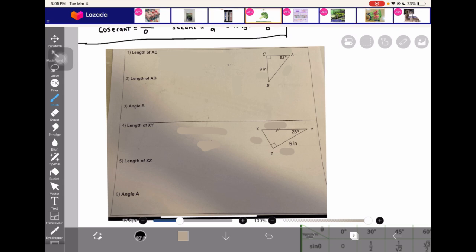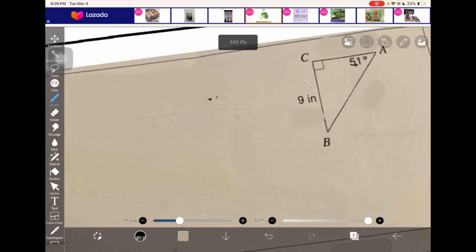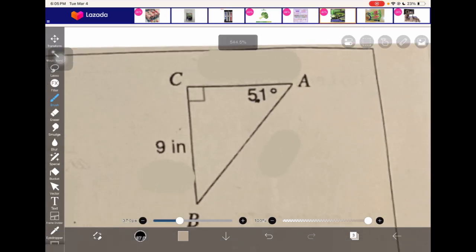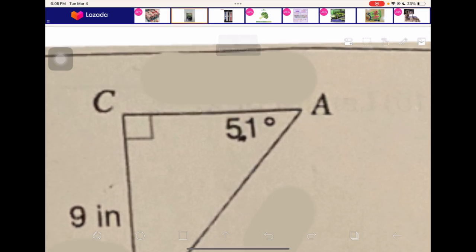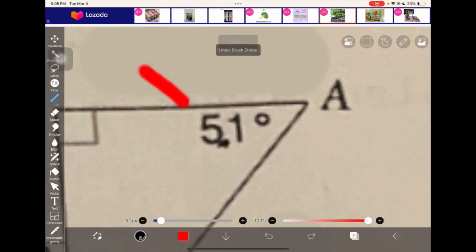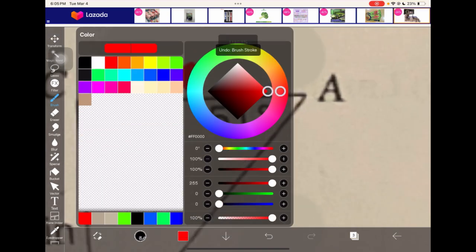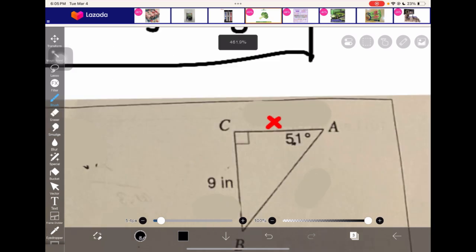Okay, let's go. So first and foremost, here we are asked to find the value of AC first. So we have AC. Let's label AC as just X. The length of AC is just X. Now, we're going to use the functions we can use here as our guide.